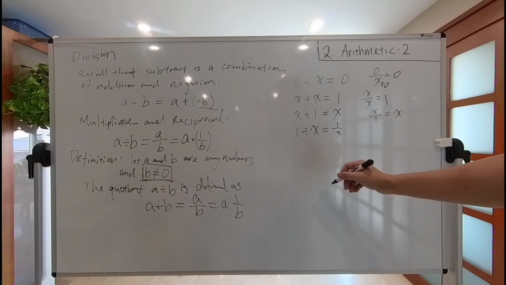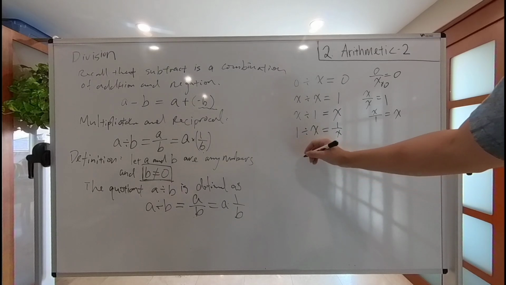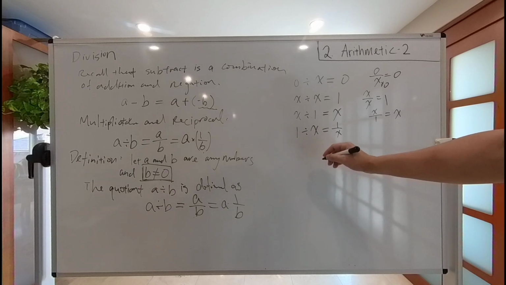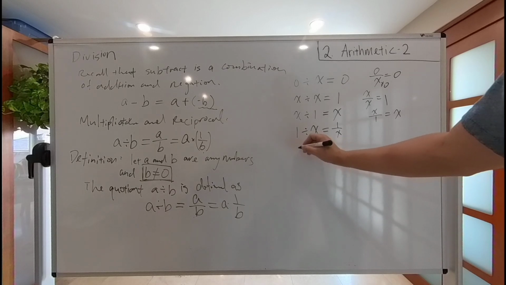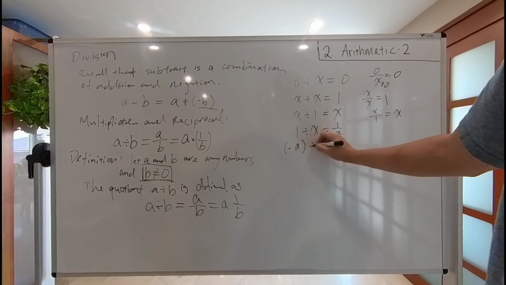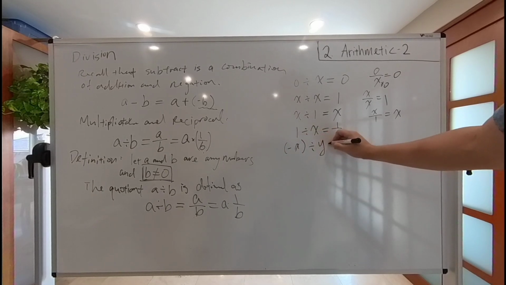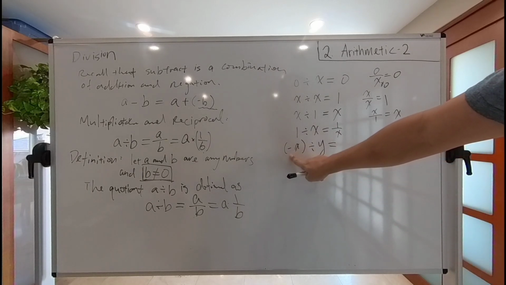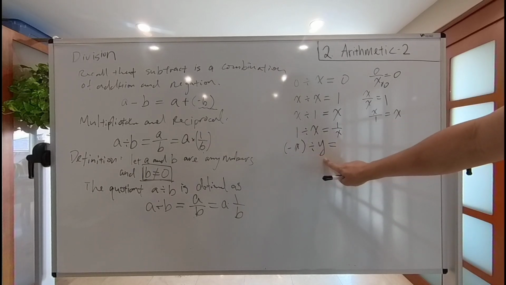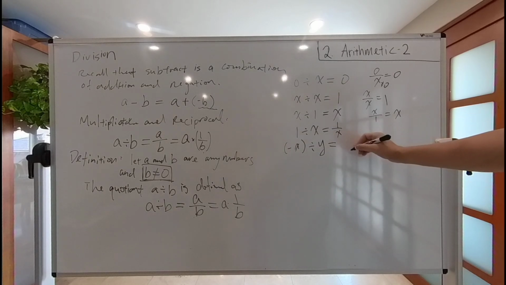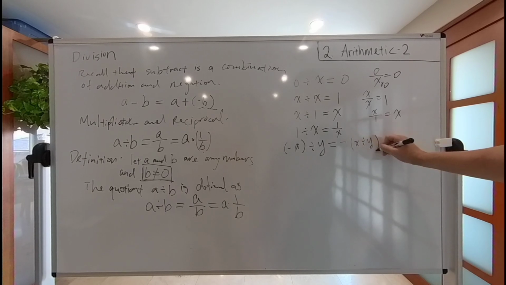And then division with negative numbers, or divisions by signs, is very similar to what we just learned. It's actually equivalent to the signs in multiplication. So let's just repeat this again. If we have a negative number here and a positive number here, then the outcome should be a negative number, so it should be negative x divided by y.